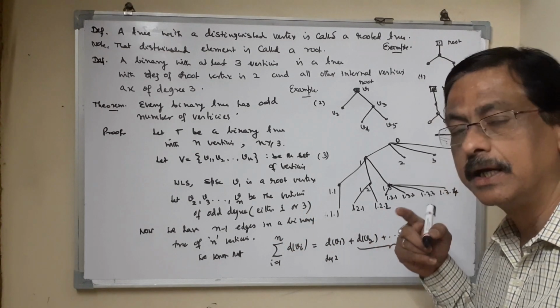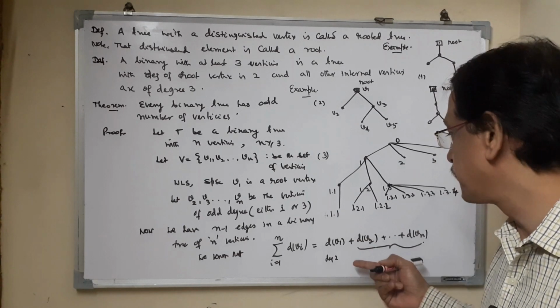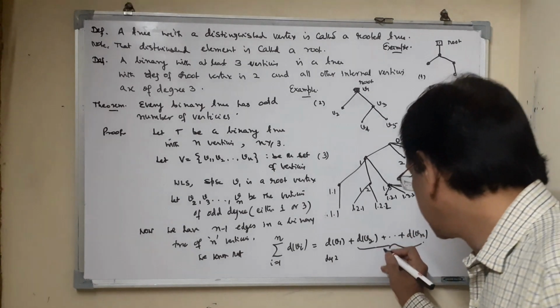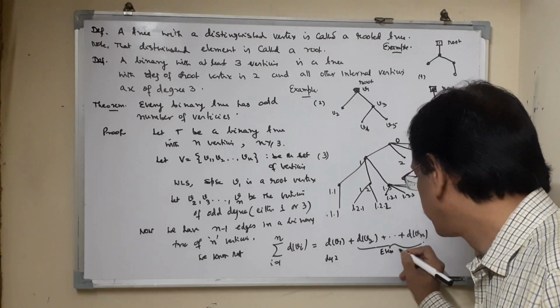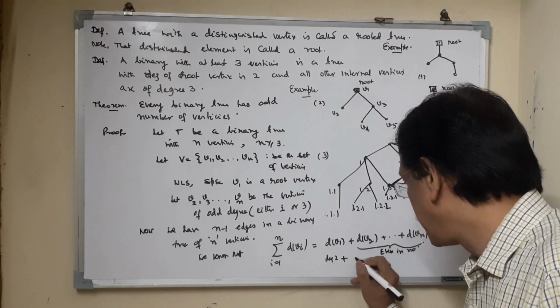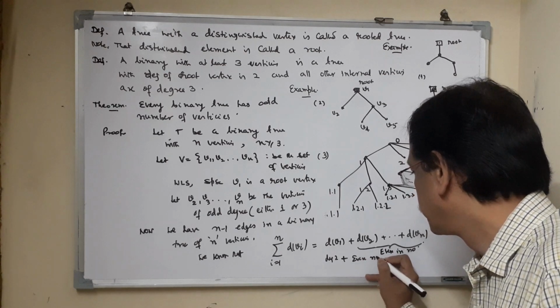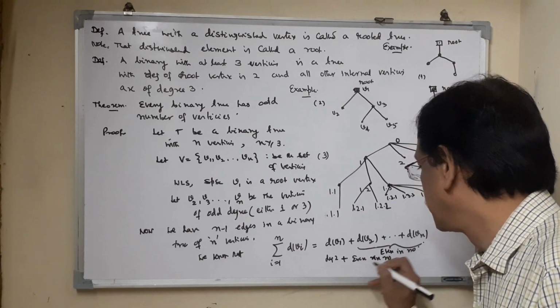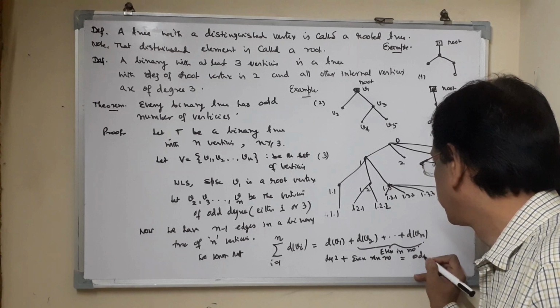But in a graph, the number of odd vertices is even. So this will be even in number. So degree 2 plus an even number. How many are there? Which is odd.